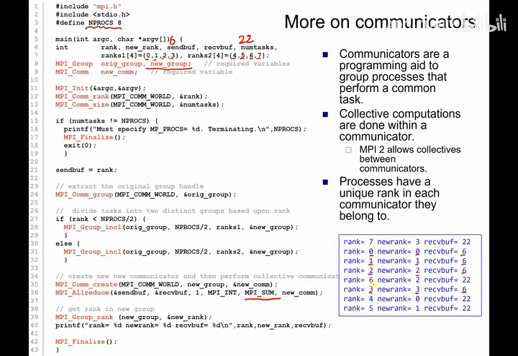The processes 4, 5, 6, and 7 go into a new communicator with only 4 processes, so their new ranks are 0, 1, 2, and 3, but the value they receive is the sum of their old ranks, which is 22. So this shows you how to create new communicators based on processes from previous communicators.